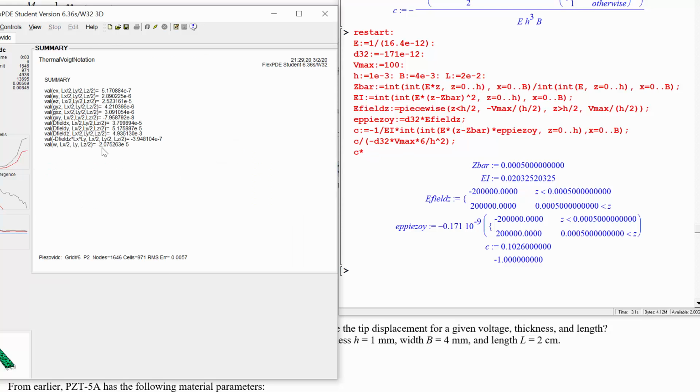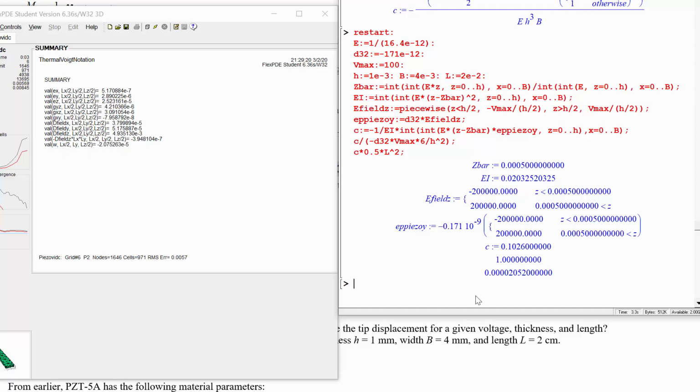Yeah, okay, so we've got negative 2e minus 5, and let's see, c times 0.5 times L squared gives us 2e minus 5. Okay, so pretty good. What's the difference? We've got a negative where maybe we weren't expecting a negative before.